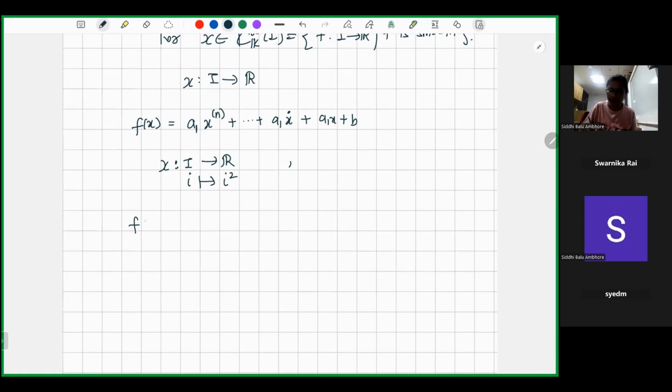So this f of x is again a function, such that a_1 I square. So x^(n) here will be, let us start with the left side. So I going to I square. So this is a_1 x plus b, and I mean this a_1 del by del x.